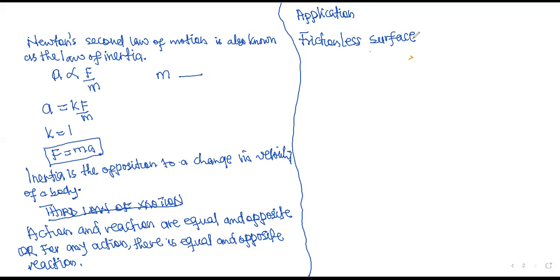Then the second law, Newton's second law of motion, is applied in the design of automobile seat belts. The seat belt is for safety purposes. How is it used?